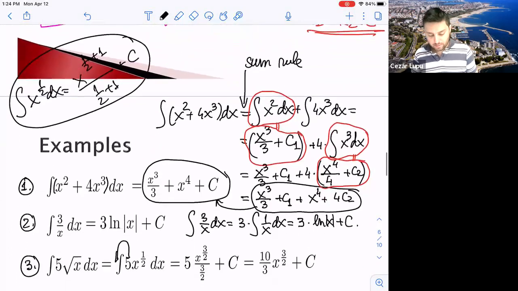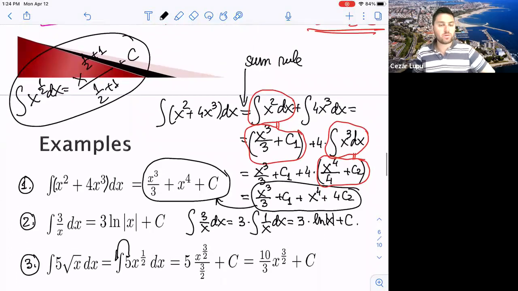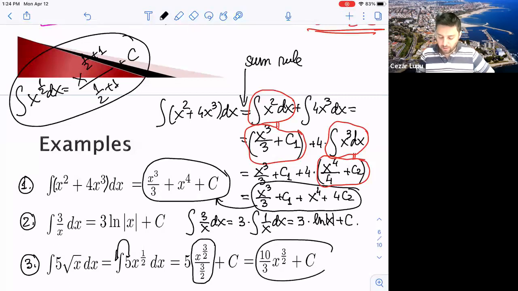Great. So let's look, 1/2 plus 1 is 3/2. So you'll see it right here. And again, by just doing some algebra, we will end up with this thing here.